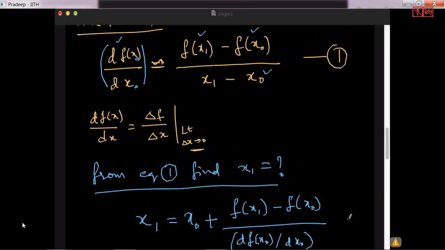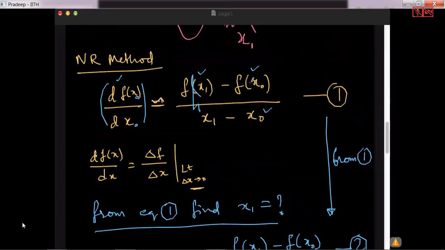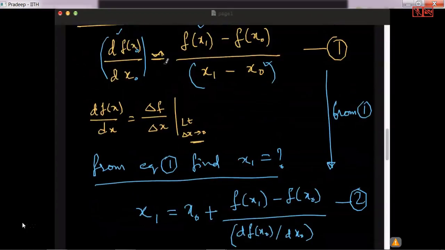So I just rearrange. This is directly coming from this. From 1, I get 2. How I get from 1 to 2: I just take this term to the other side and I bring this term to the denominator. These two I changed, and then x1 I bring to the right hand side. So I get this equation.